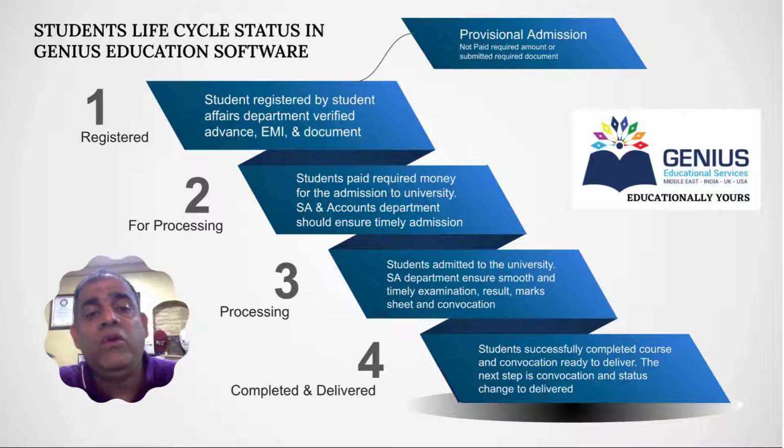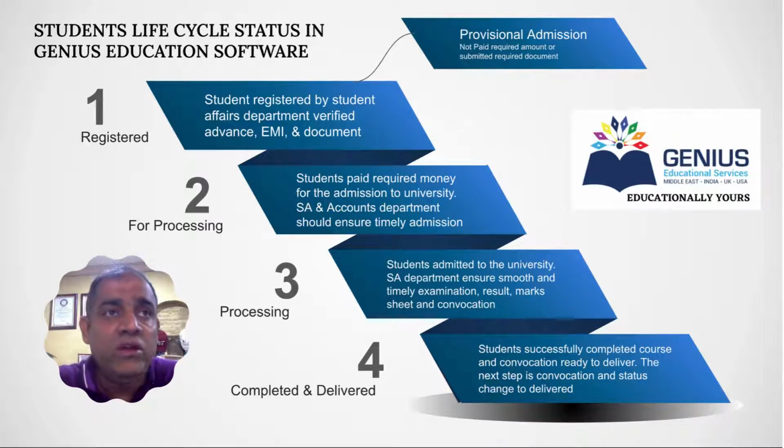Then they will do a student orientation, where they ensure all expectation setting. Sometimes there is a communication gap, so the student affairs department will personally call them and bring them in for an orientation.